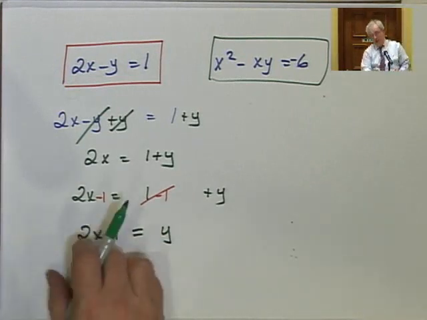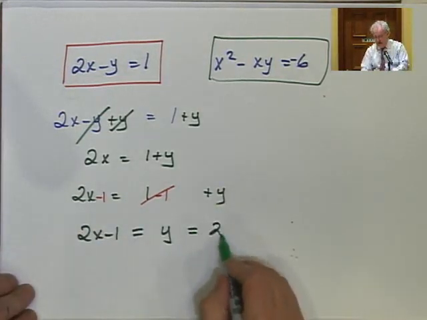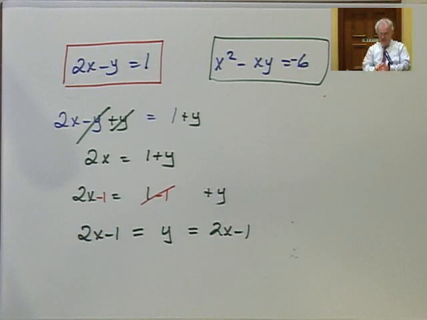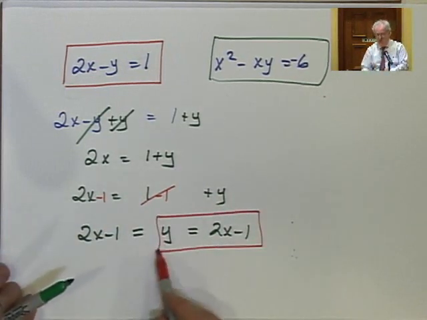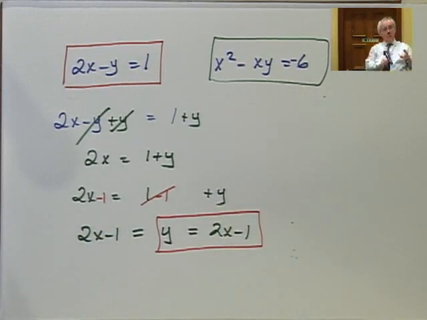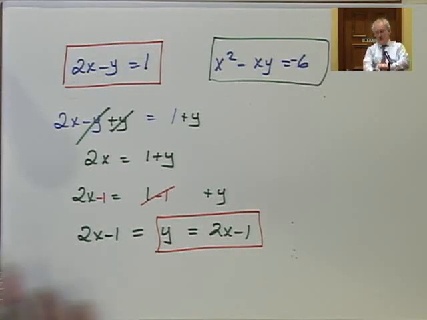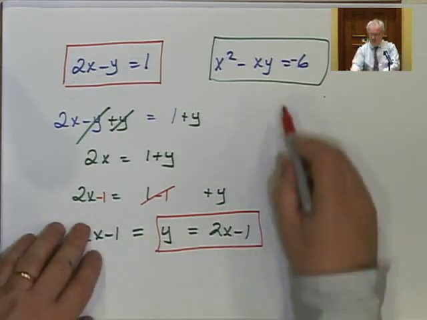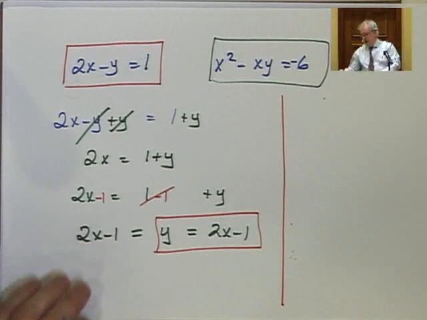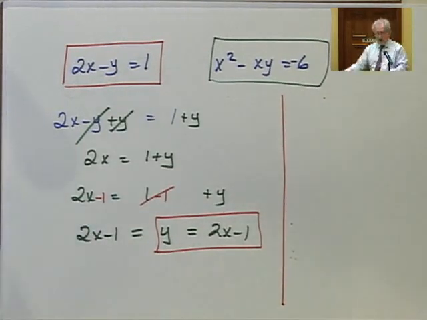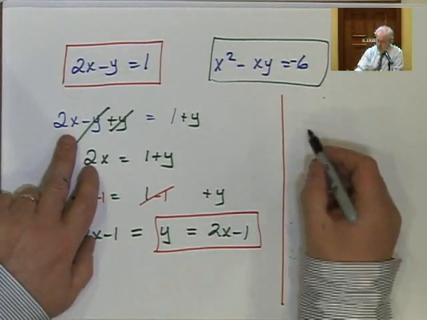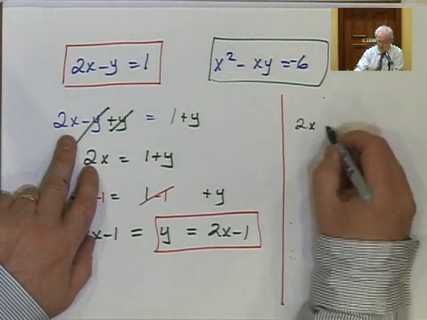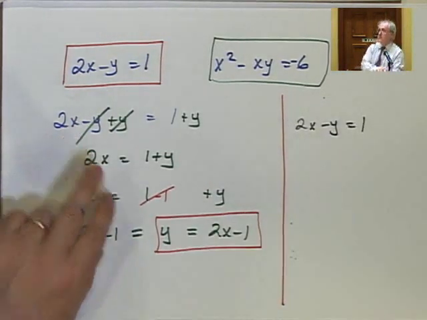And because that is equal to y, I could also say that's equal to 2x minus 1 there. So I have now a very simple expression. I have y on its own on the left-hand side with the value for x. Alternatively, I could have chosen to sort out x. I could have said that 2x minus y is 1.